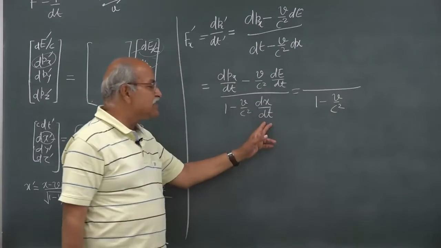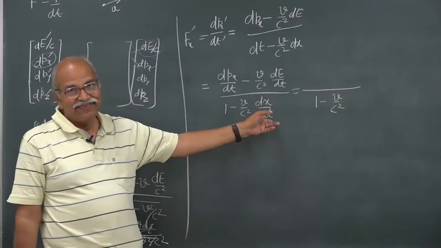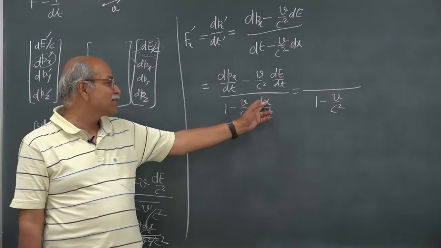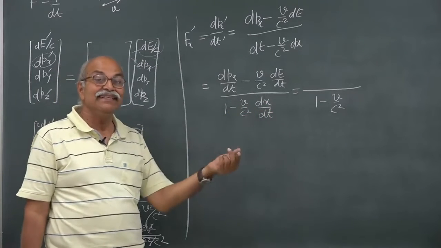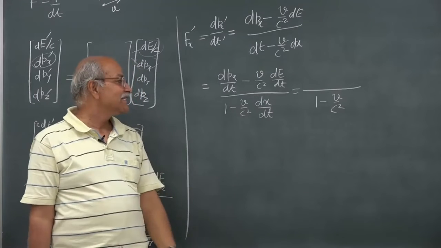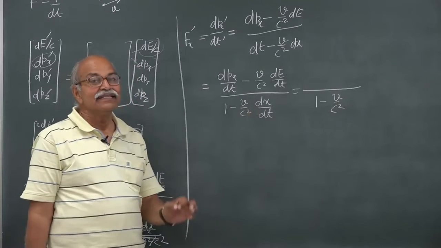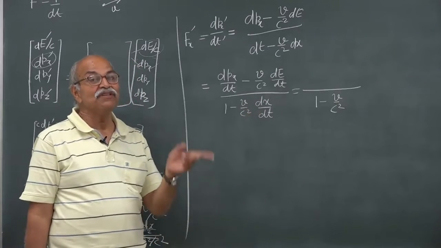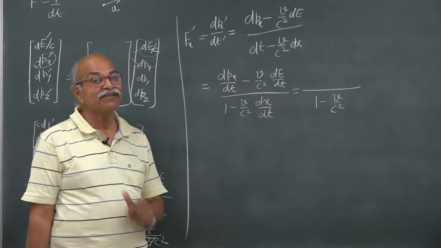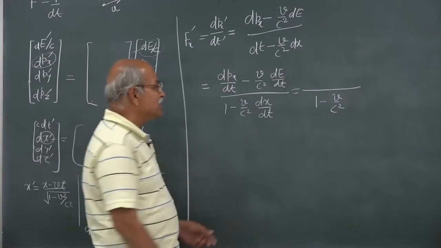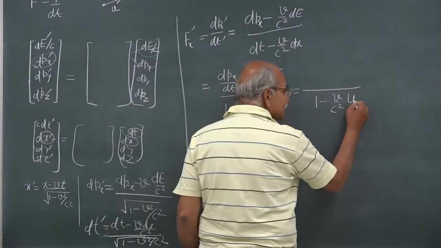What is dx/dt? dx is the displacement in small time interval dt as seen in the S frame, and therefore dx/dt is the x component of the velocity of the particle as seen from the S frame. So, this is ux.